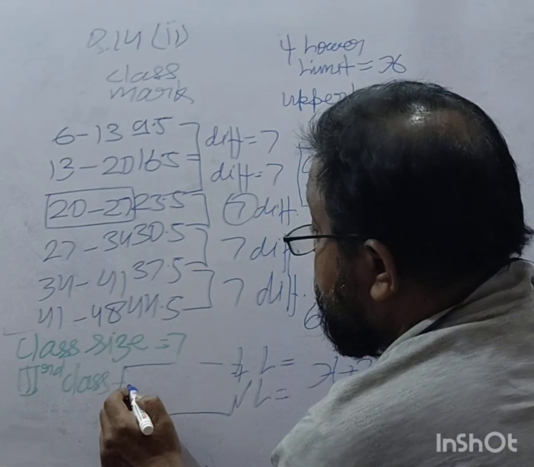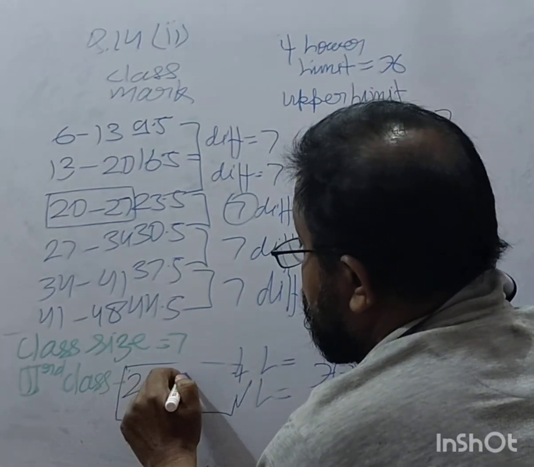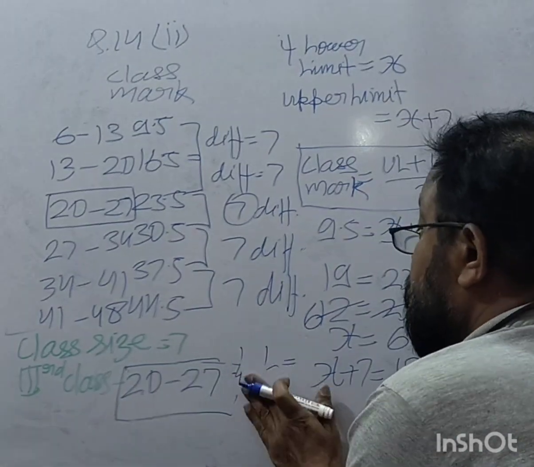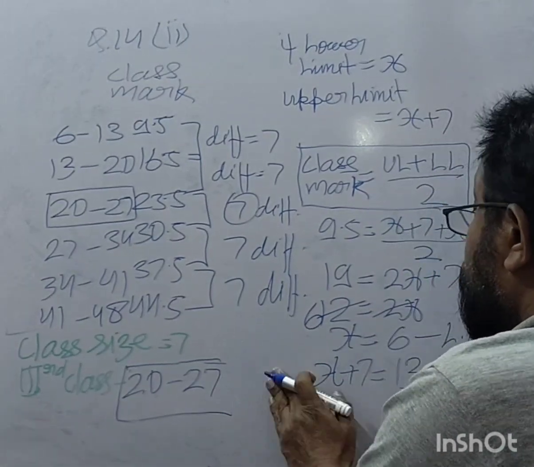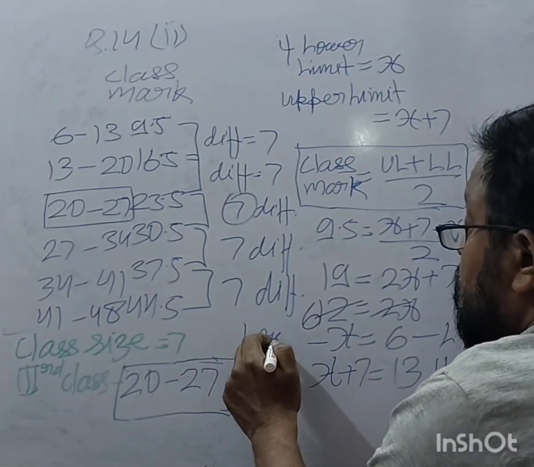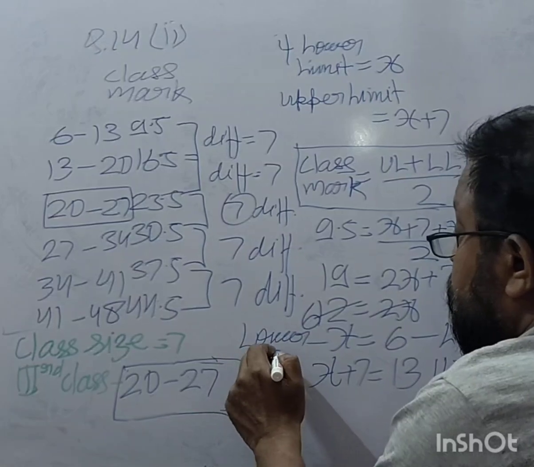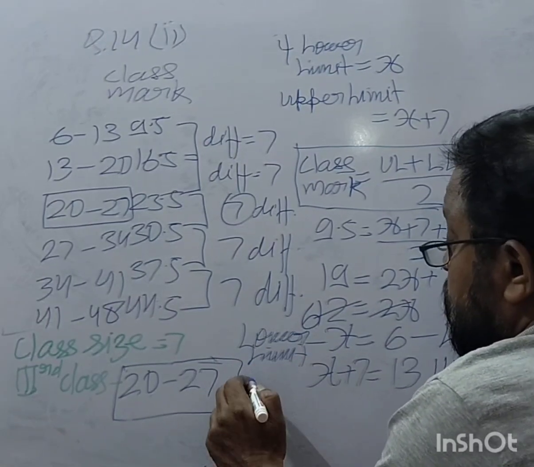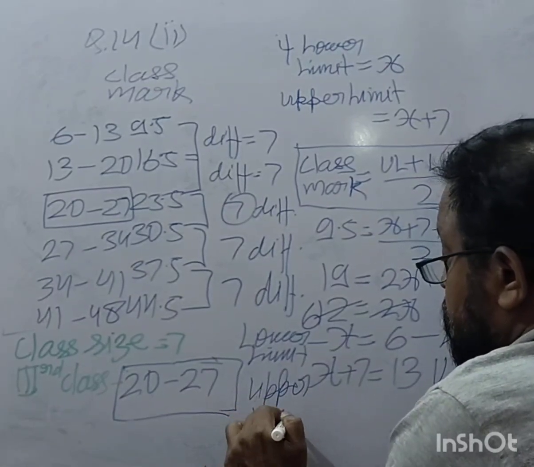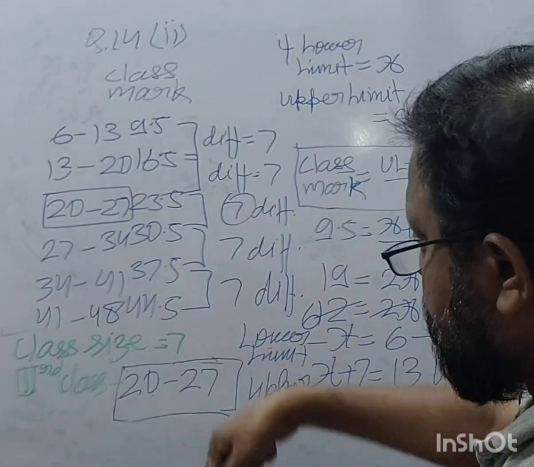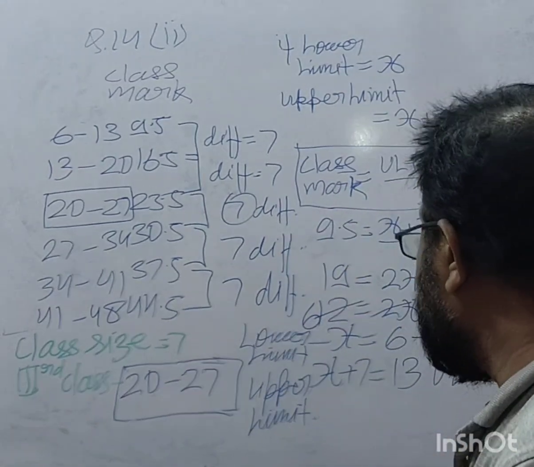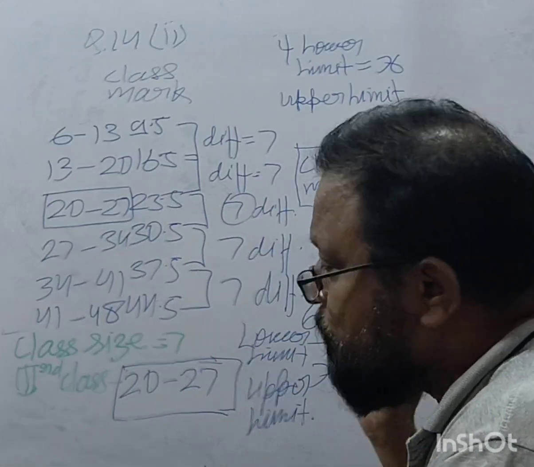The third class is 20 to 27, right? This we call the lower limit and the upper limit. One silly mistake I made in the calculation, and because of that the whole process goes wrong.